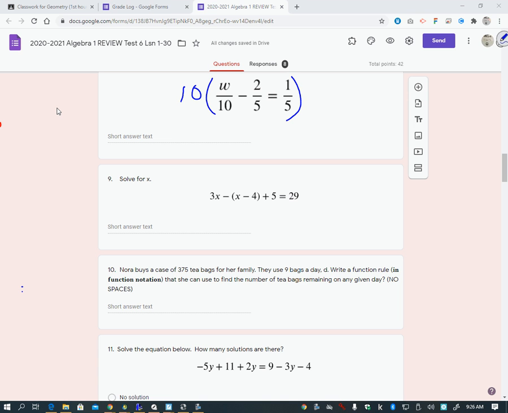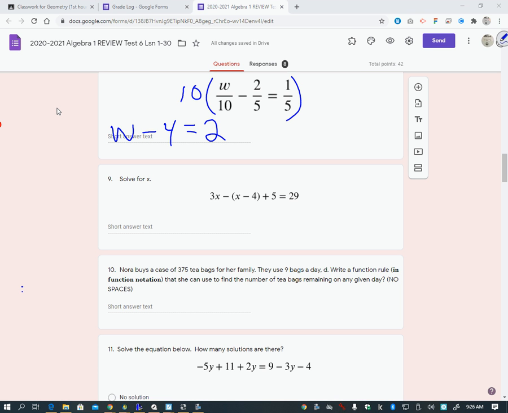What's 10 divided by 10? 1. So that would just be w, right? What's 10 times negative 2? Negative 20 divided by 5? Negative 4. What's 10 times 1? 10. What's 10 divided by 5? 2. Do we understand how to do that?